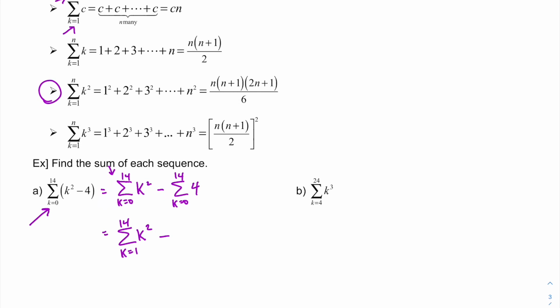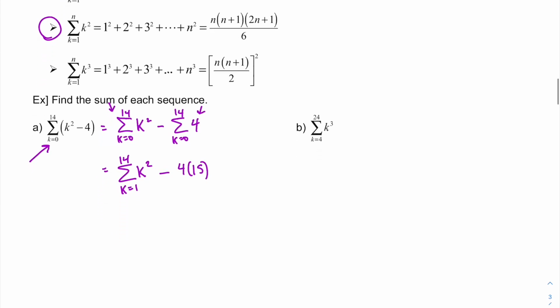This one, however, going from 0 to 14 is actually 15 terms, and this is a constant. So normally we write 4n, so it would be 4 times 14, but the 0th term is also 4, so it's going to be 4 times 15. So that is where you have to take into account the fact that it's starting with 0 and going to 14, which is a total of 15 copies of 4.